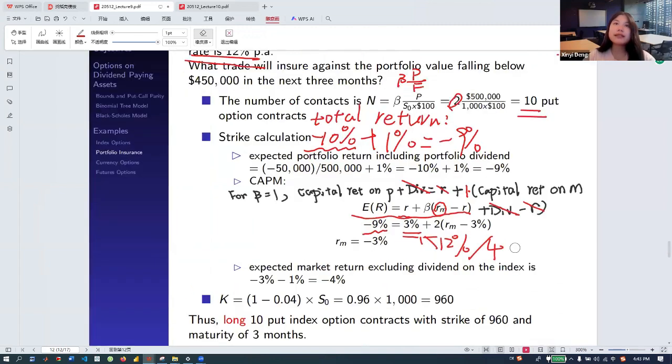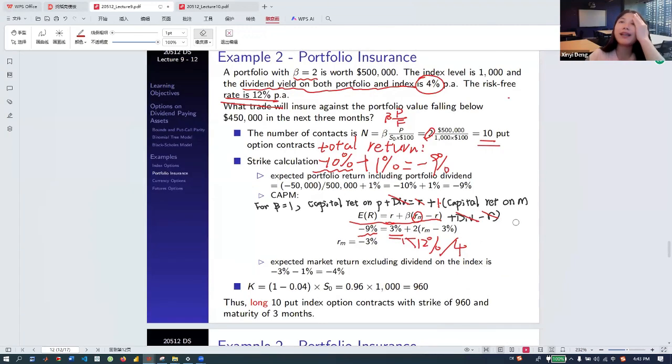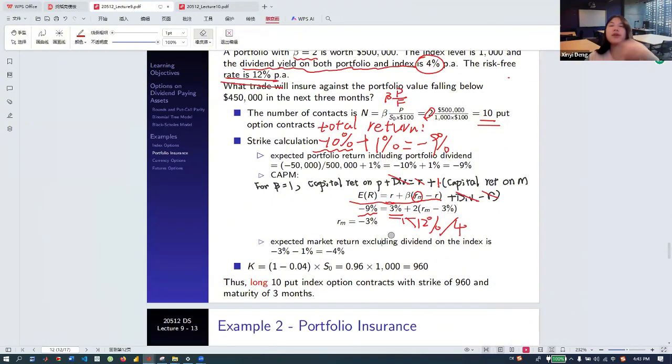Now let me show you how, with beta equal to 1, the dividend yields cancel out with each other. Assume that we are still utilizing the same CAPM equation to derive the capital return for the market index. Let me show you.